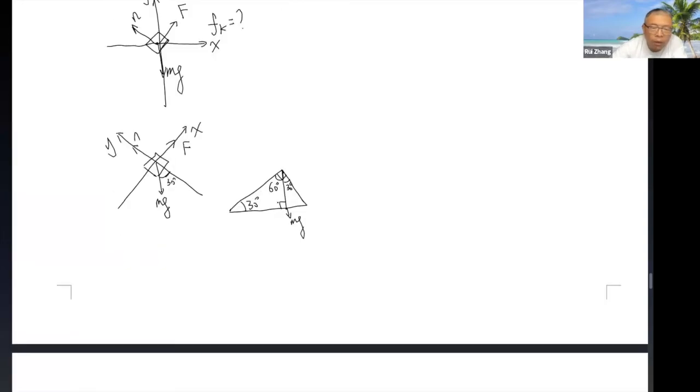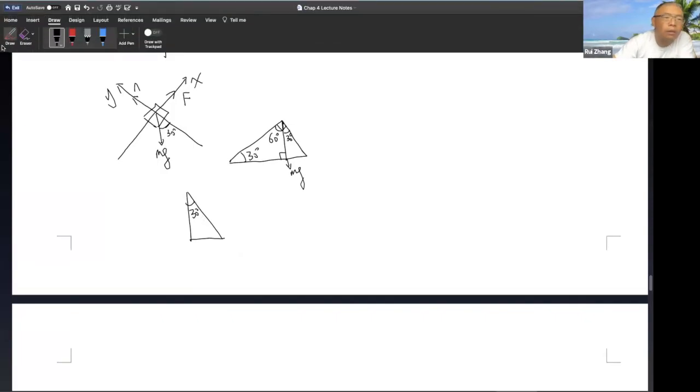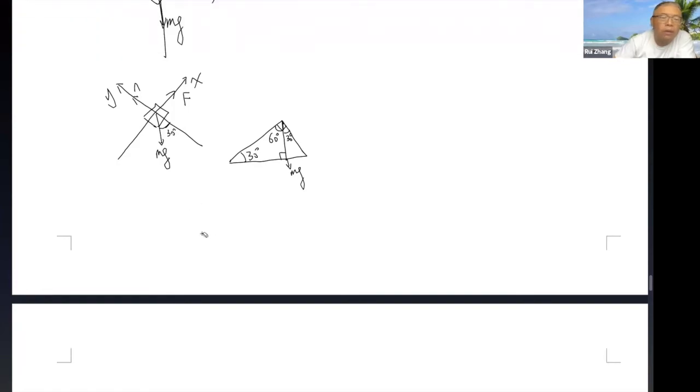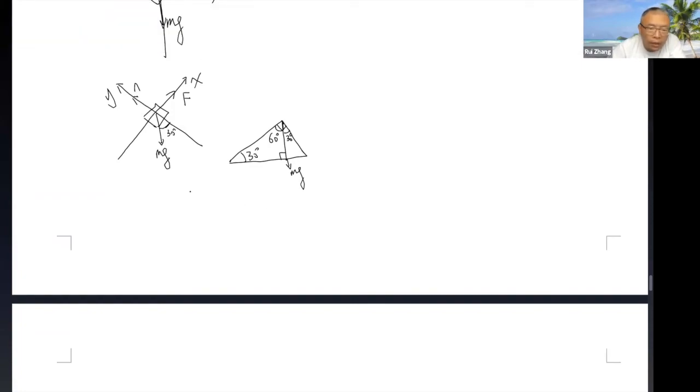So now let's draw a separate triangle here. We have a 30 degree angle right here. I'm trying to find the component of mg, so let me draw mg like this, and then like this, because this is our mg here.